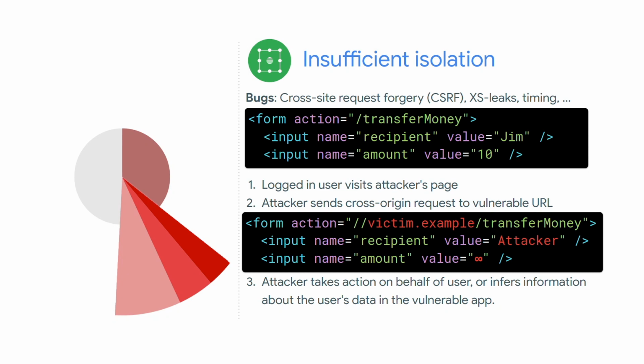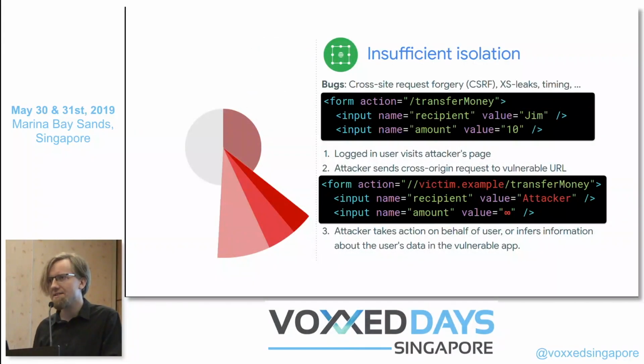Instead of $10, they can say infinity dollars or a large number of dollars. And then when I, as a user, visit the attacker's site, that form can get submitted automatically to the vulnerable application server. And the application server that processes this form has no way of distinguishing these two requests, the legitimate form submission and the evil form submission.